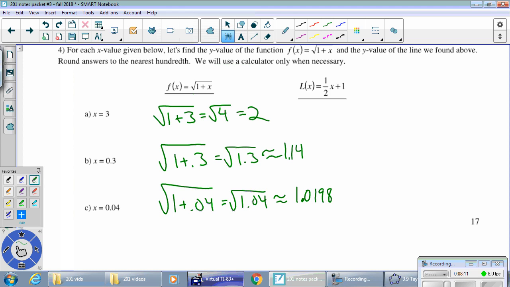Okay, so now let's compare those values with the values on the line that we found. Now the fact is, calculating these values, or at least the last two of those three values, was trivial because we had this wonderful tool called the calculator. But it wasn't so long ago when the calculator didn't exist. And so could you imagine trying to estimate, without a calculator, the square root of 1.04? It would involve a whole heck of a lot of arithmetic, maybe some trial and error.